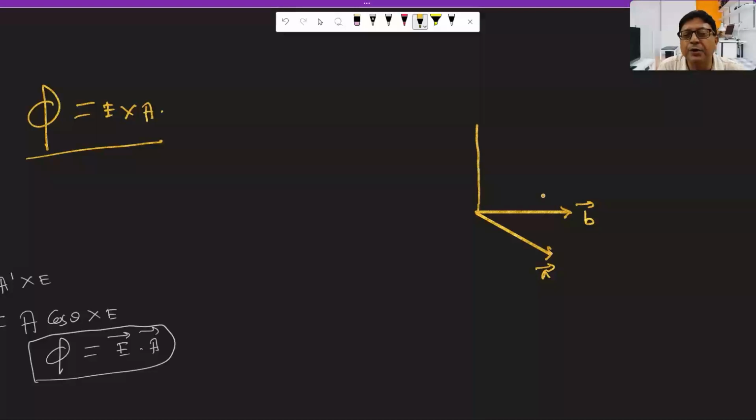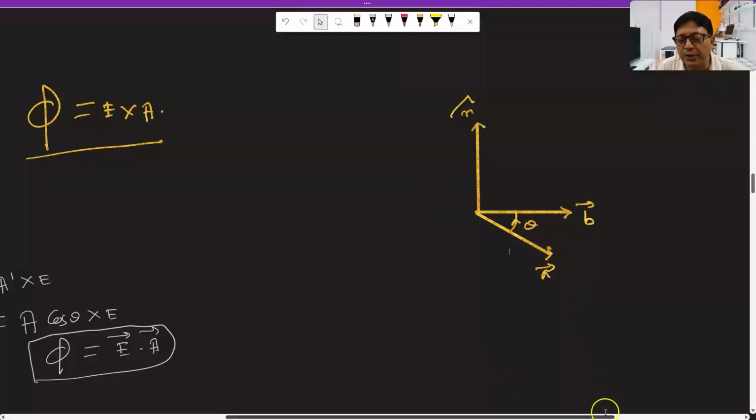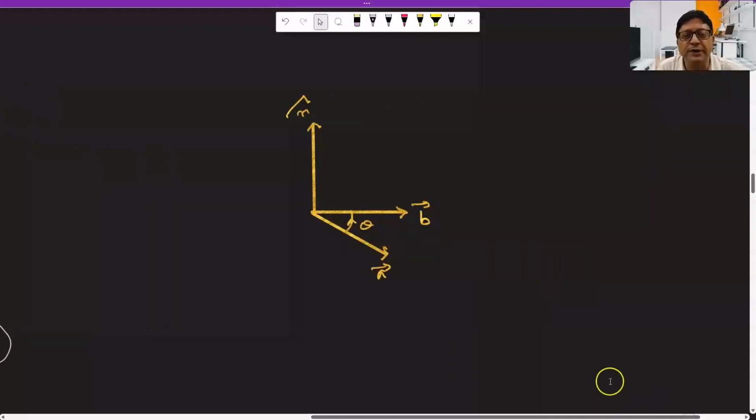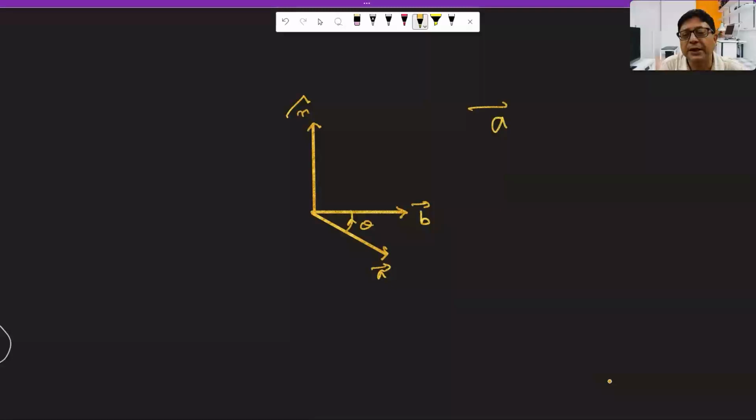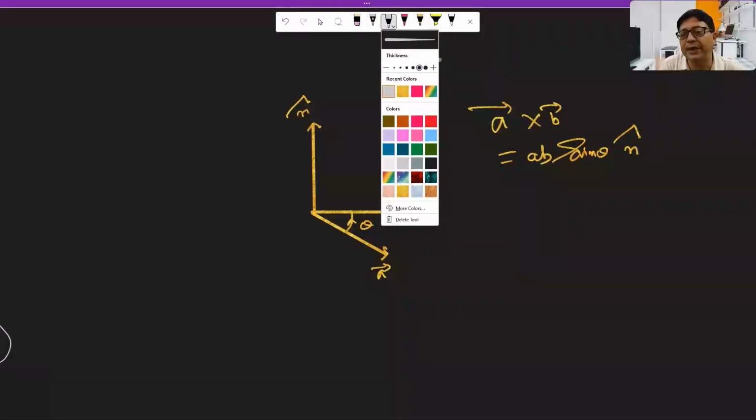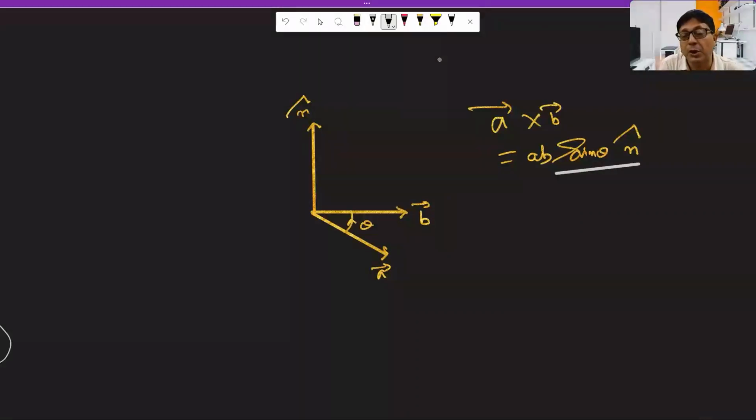There is a unit normal drawn perpendicular to both vectors A and B. The sense of rotation of this angle is theta. Then you know A cross B, the result of A cross B, you did. That A cross B is given by AB sin theta n cap. You understand? You know it very well. A cross B is nothing but AB sin theta n cap. So A cross B is a vector which is directed along n cap.